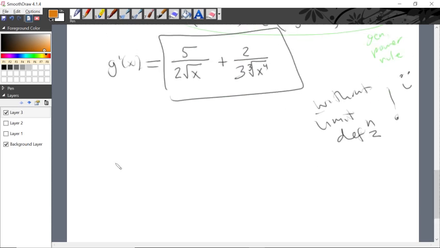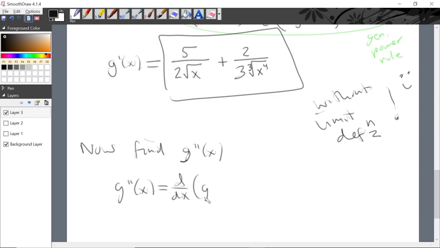Let's try extending on this. Well, let's try out a second derivative, and then we'll go back to that other example. Or I'll finish up the other example, and then I'll come back to this. Now find g double prime of x in this example. The second derivative of g is the first derivative of g prime, so we're taking now the derivative of this derivative.